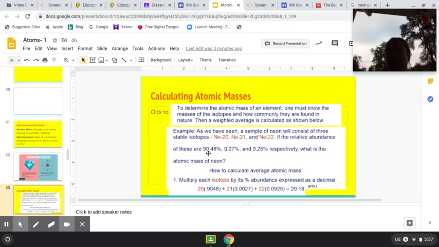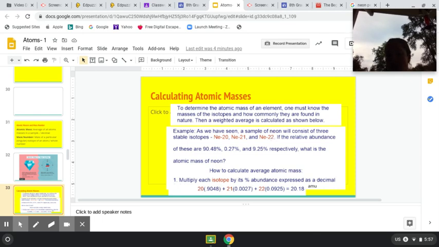This is to calculate the actual average. You take your percentage and turn it into a decimal, moving the decimal over 2 places: 0.9048 goes with neon 20, 0.0027 goes with neon 21, and 0.0925 goes with neon 22.